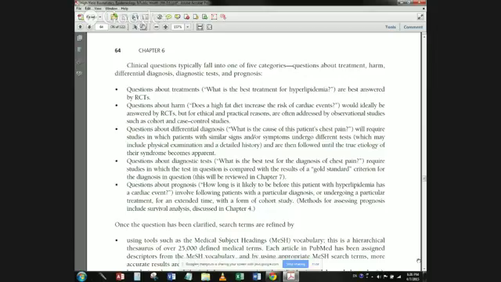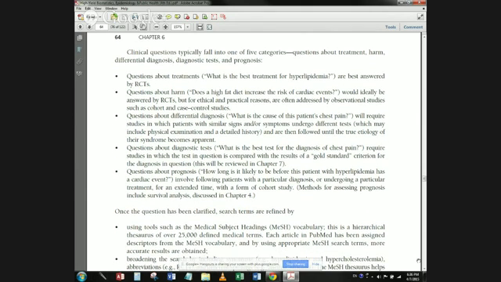This is a hierarchical thesaurus of over 25,000 defined medical terms. Each article in PubMed has been assigned descriptors from the medical subject headings vocabulary, and by using appropriate medical subject heading search terms, more accurate results are obtained.